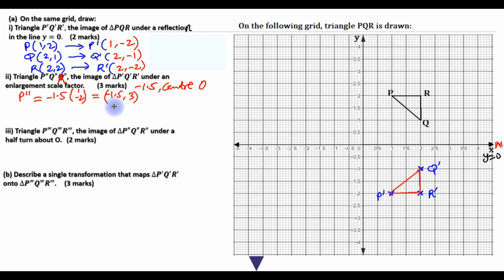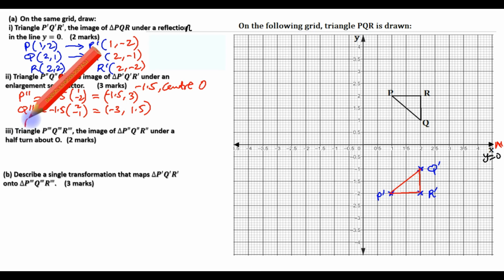So that will be the coordinates of P prime. For Q double prime will be minus 1.5 times the coordinates of Q prime, 2 minus 1. So we end up getting the coordinates will be minus 3 and 1.5.